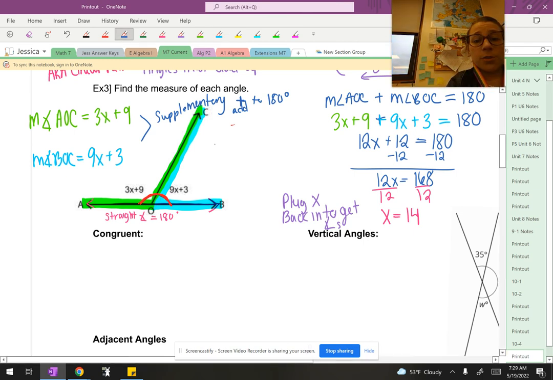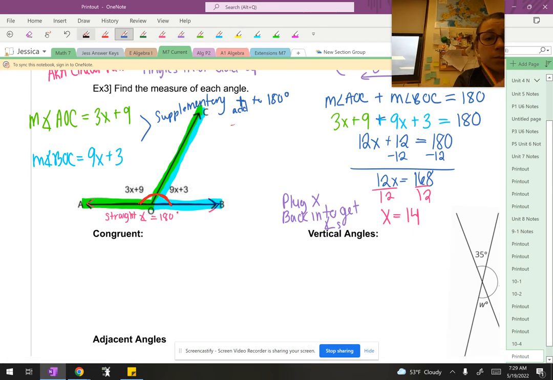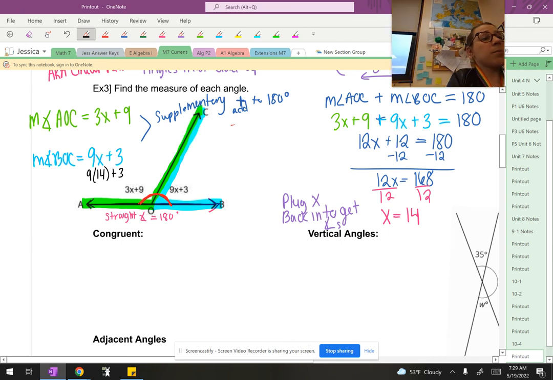So I'm going to do it right underneath it. 9 times 14 plus 3. Well, 9 times 14 is 126, plus 3 is 129. So the measure of angle BOC is 129 degrees.